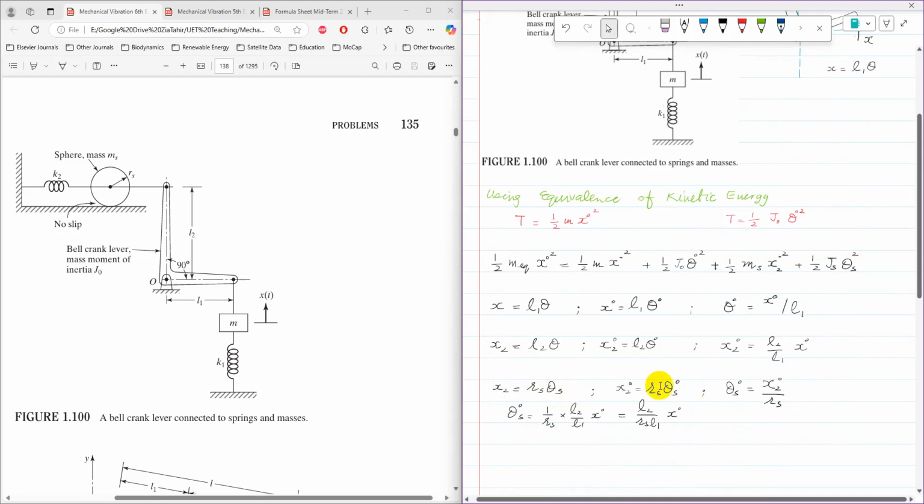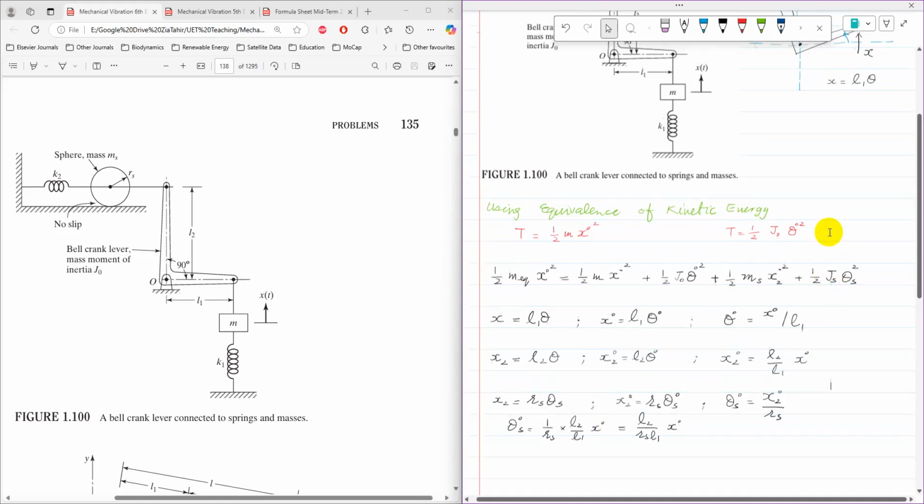By taking the derivative, theta s can be written as x2 over rs by just rearranging. If I substitute the expression of x2 here and simplify, theta s will become 1 over rs into L2 over L1 into x dot, so it becomes L2 over rs L1 into x dot. Now I have written theta s in terms of x dot as well.